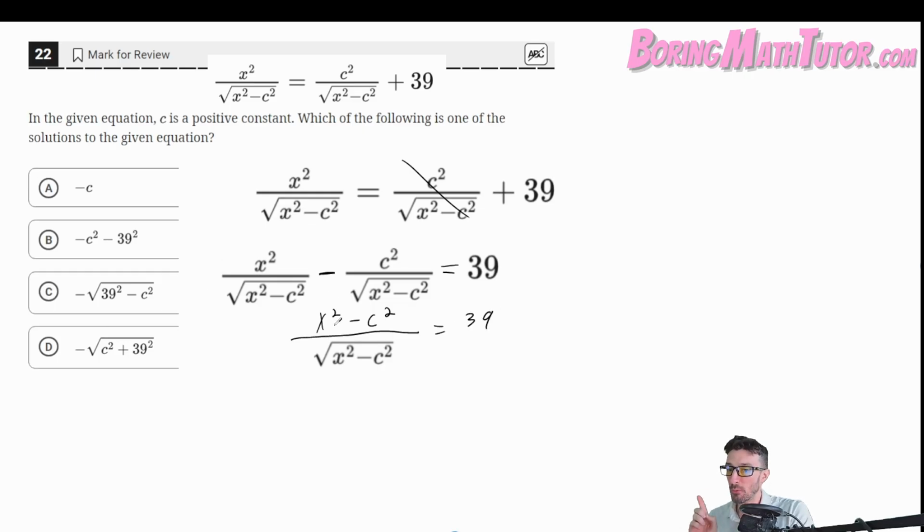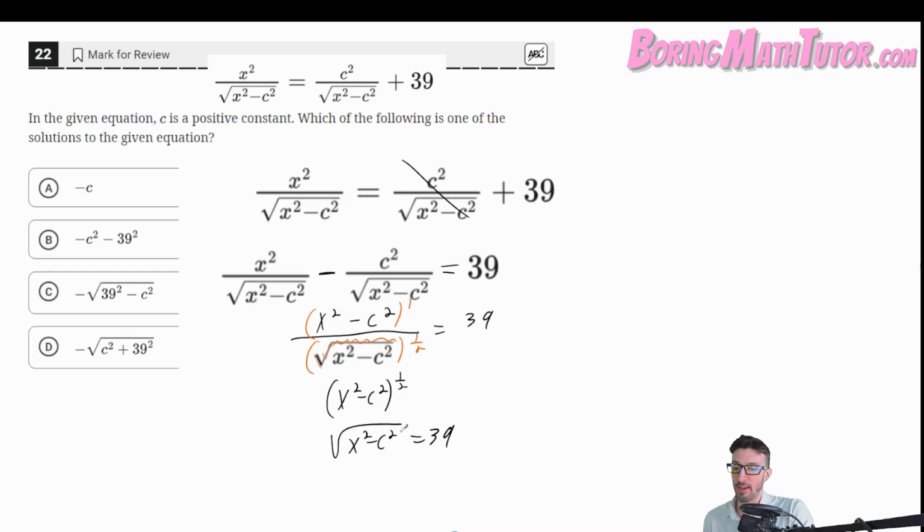Because when you have x squared minus c squared to the 1 over x squared minus c squared to the 1/2, then you can subtract those exponents and say you have x squared minus c squared to the, well, 1/2, which is the same thing as saying a square root.